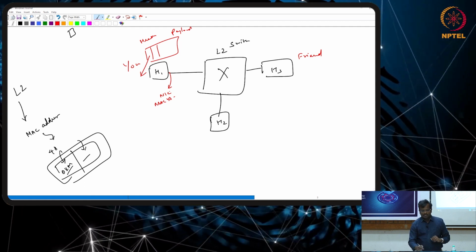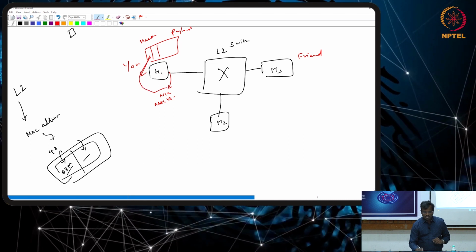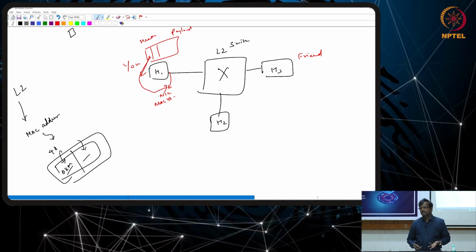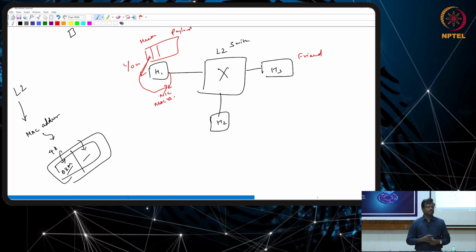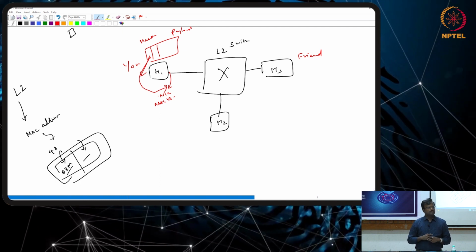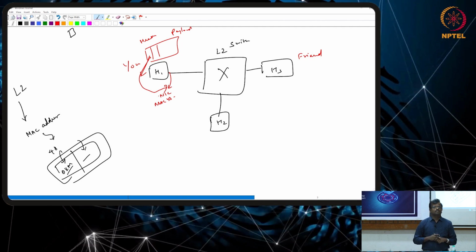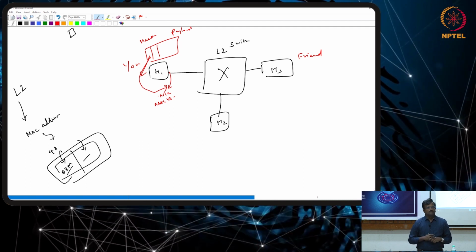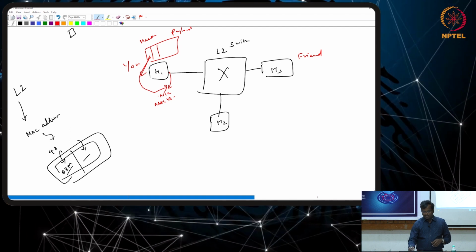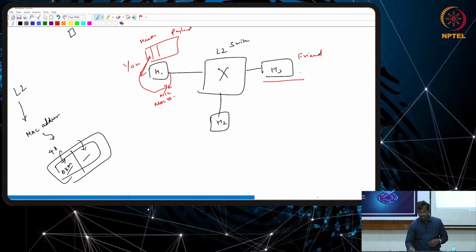This MAC frame contains the source MAC address, which your operating system can pull easily because that is inside your computer. But what is the most important thing that you need to communicate with your friend? In this setting, your friend is in host H3.